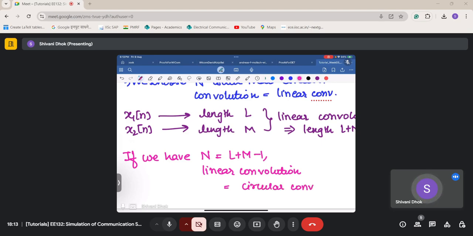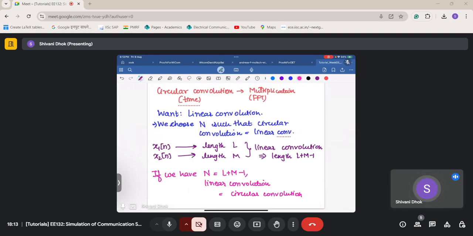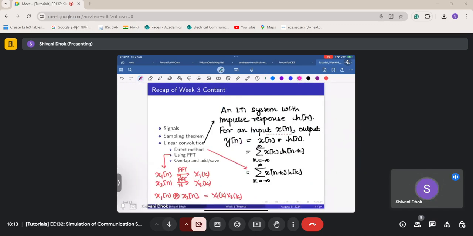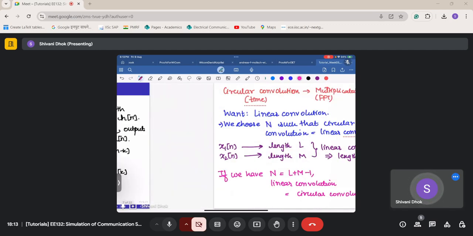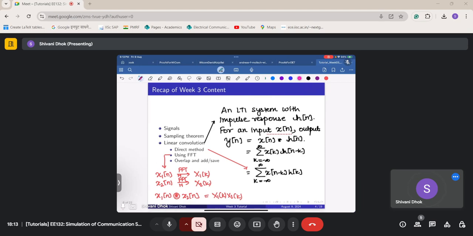I won't go into details of how this is happening, because this is a part of signals and systems or DSP course. You can find all of these details and derivations in those kind of courses and the corresponding books. Therefore, if we do N-point FFT, then we can get this linear convolution done through FFT.